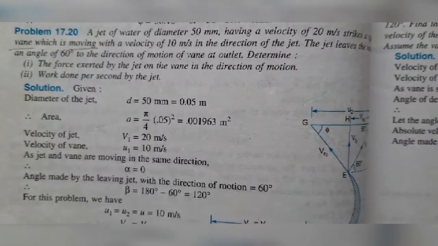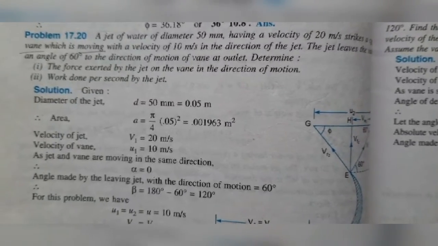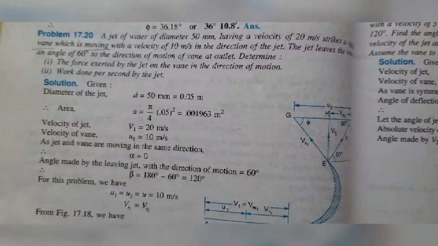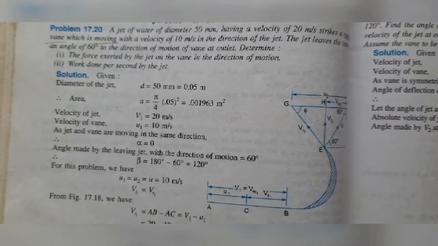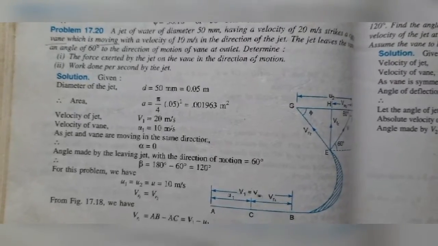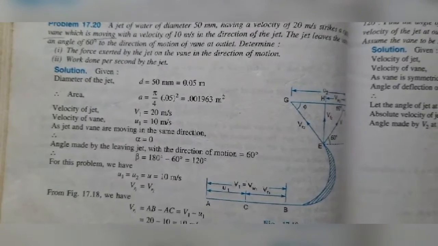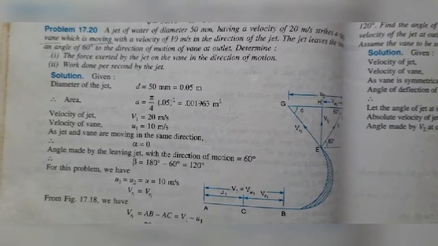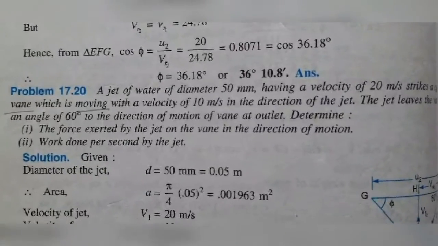A jet of water of 50 mm diameter having a velocity of 20 meter per second strikes a curved vane. One thing you should keep in mind: in all questions, the type of vane is mentioned, and it is most important. Whether it says curved, flat, or inclined, questions will be based on that. The vane is moving with a velocity of 10 meter per second in the direction of the jet. The jet leaves the vane at an angle of 60 degree to the direction of motion of the vane at outlet.